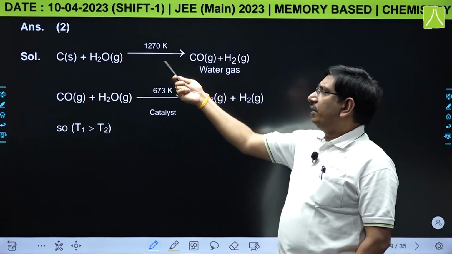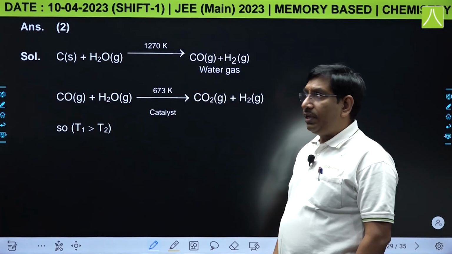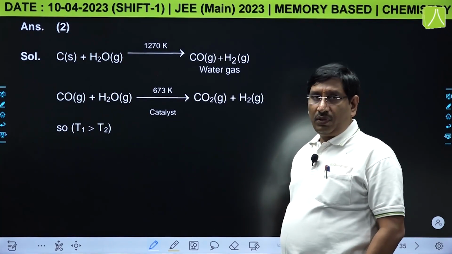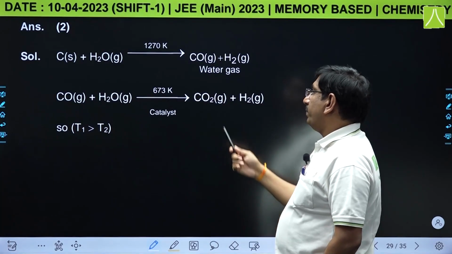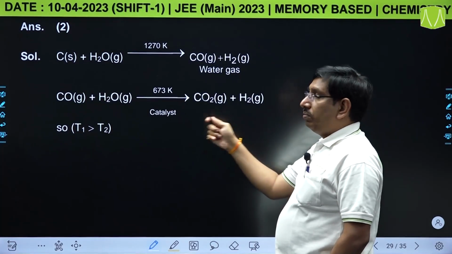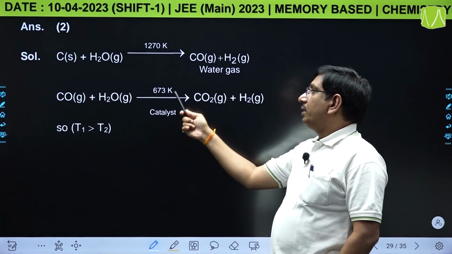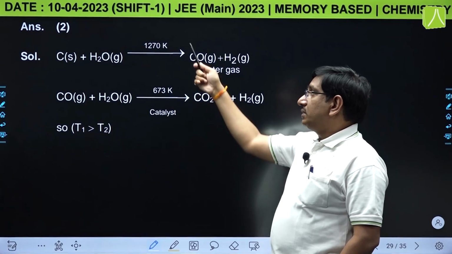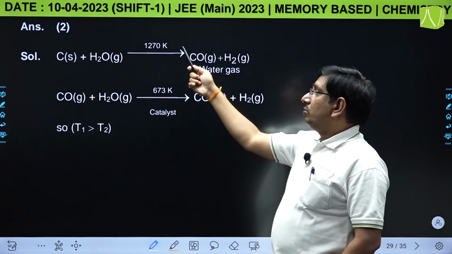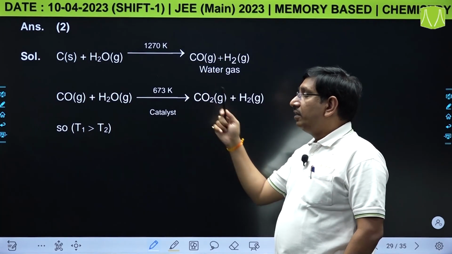Water gas formation from carbon is at 1270 Kelvin, and CO plus H2O giving CO2 plus H2 is the water gas shift reaction, in which the temperature is 673 Kelvin. The relation between these two temperatures, 1270 Kelvin and 673 Kelvin, is asked. Here T1 is greater than T2.